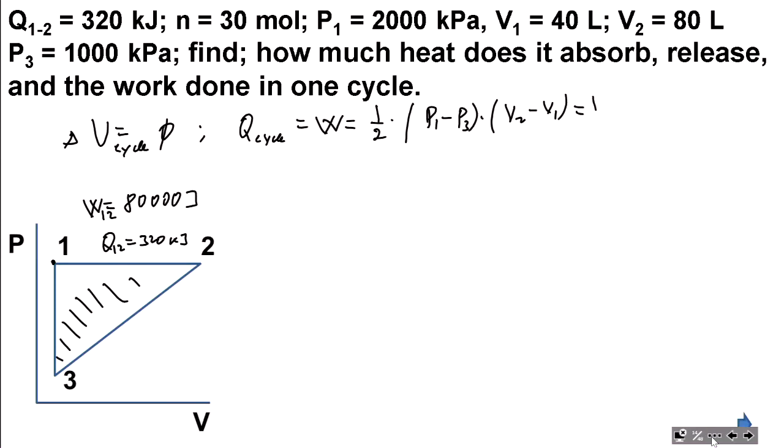Now we can use numbers. 1/2 times the difference (2,000 minus 1,000), 1,000 kilopascals, times the difference 80 minus 40, 40 liters. So that gives me 4 over 2, 2, 1, and 4 zeros. 1, 2, 3, 4 joules.